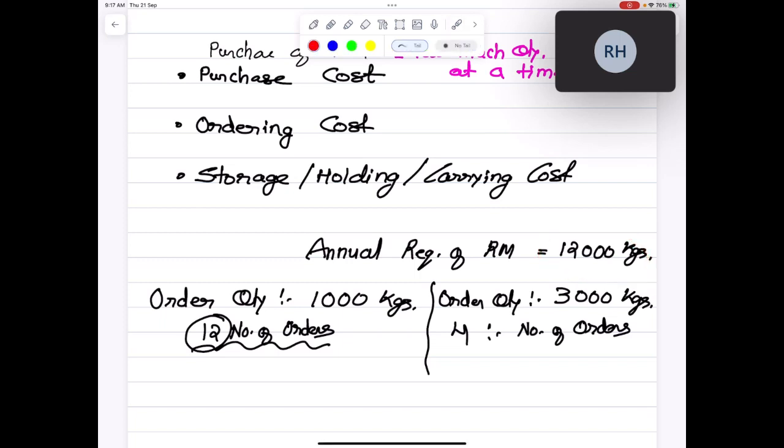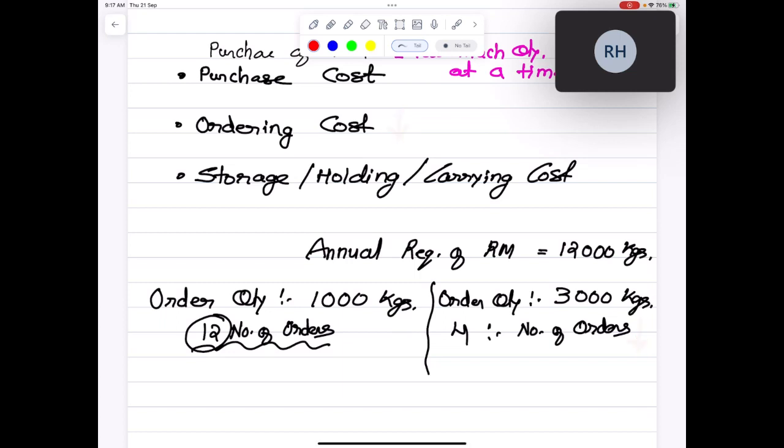So in this case, if I purchase more and more quantity in a single order, my ordering cost will be lower. But there is a negative side to this aspect. If you place more quantity in a single order, so that the number of orders will be on the lower side and consequently your ordering cost will be lower, but there is a negative side.